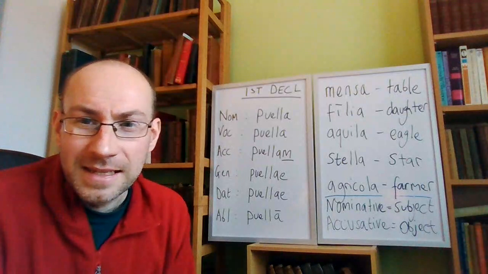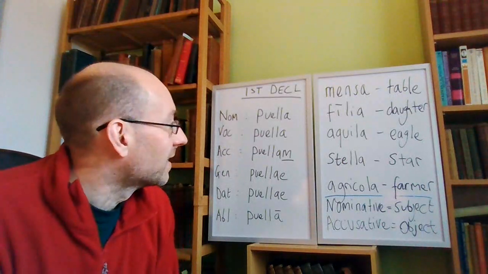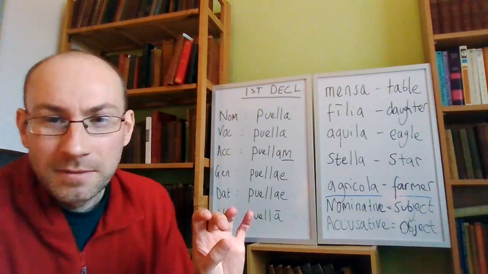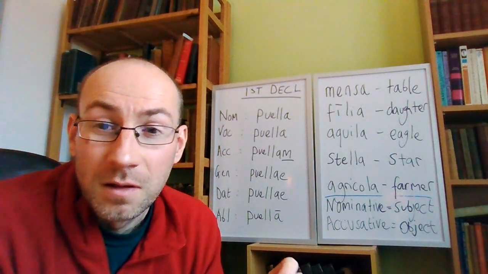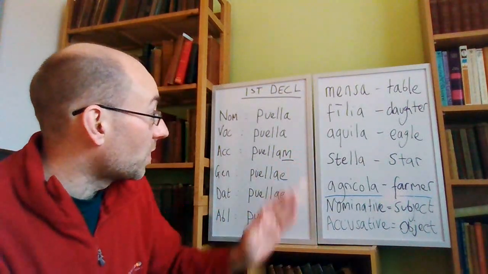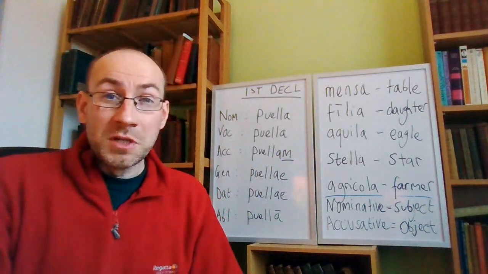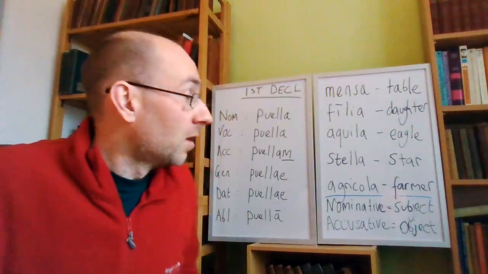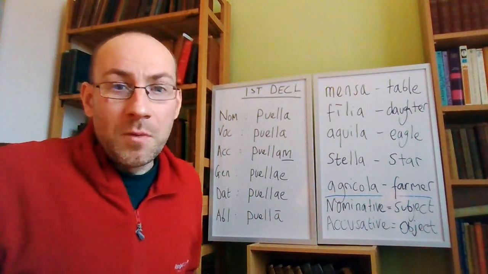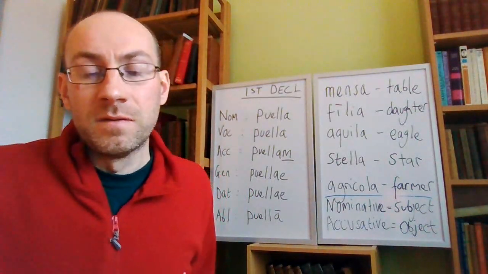Let's just have a practice at choosing the correct nominative or accusative form for some of these words. I'll give you a short sentence. We don't know the verbs yet, so just forget about those. We'll just do it in English. But I want you to think about whether the word would be nominative or accusative.